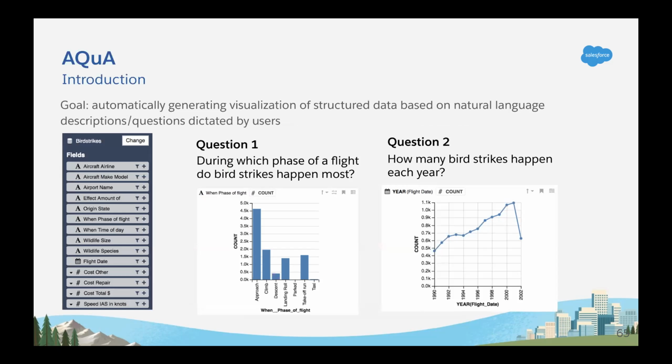Because, I think in psychological research, they conclude that humans are more sensitive to visual information than to text or raw table data. Good visualizations can be very helpful for end users to get insights from the data.